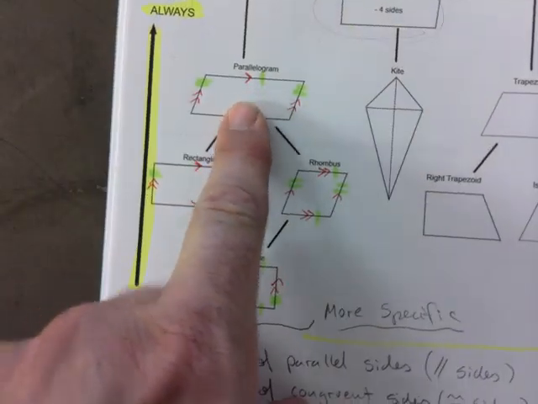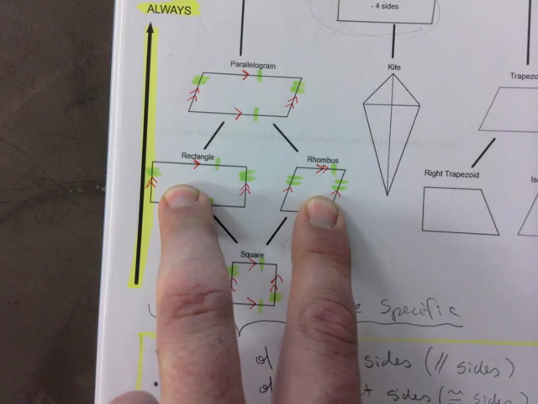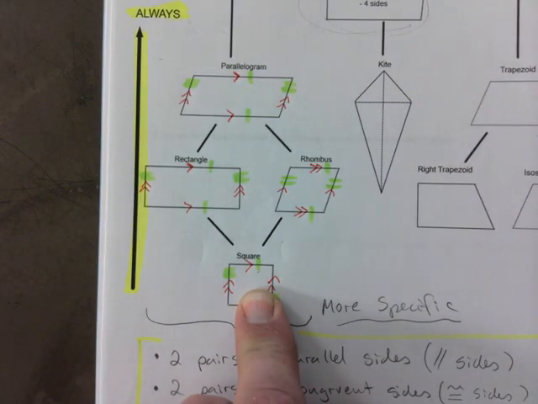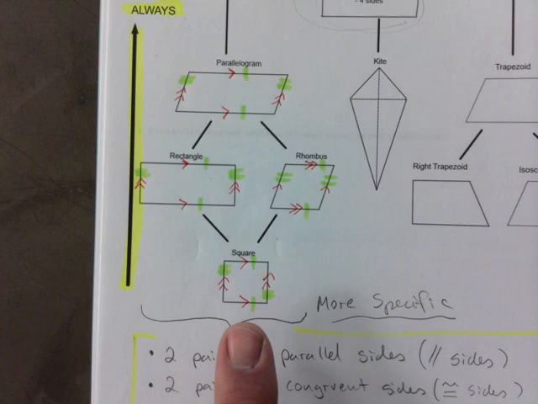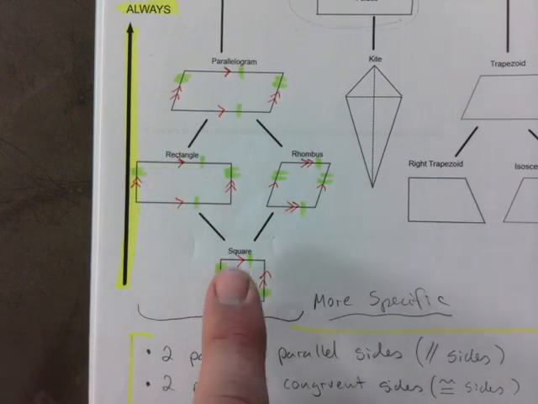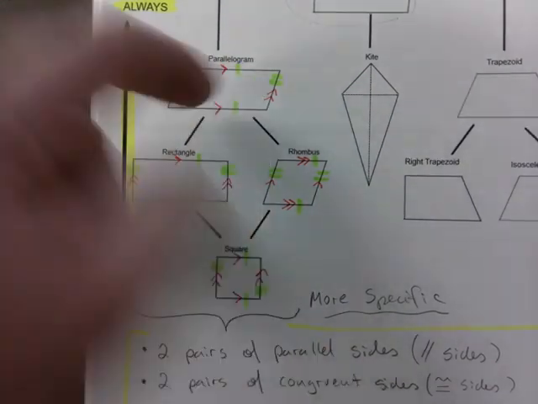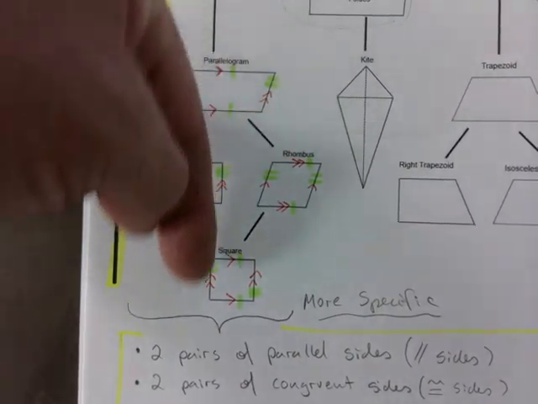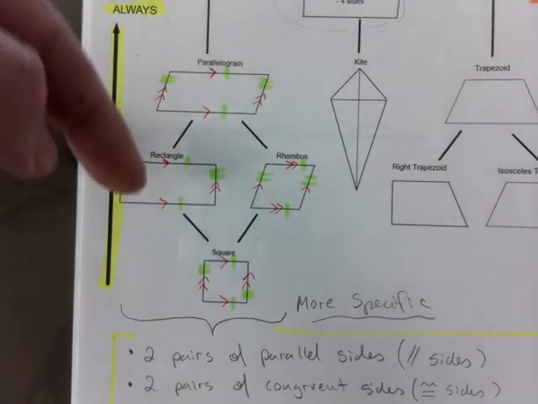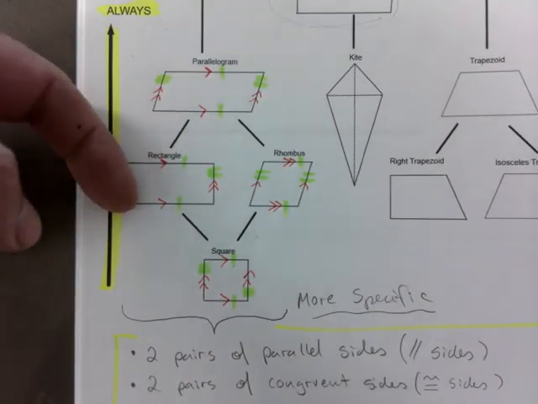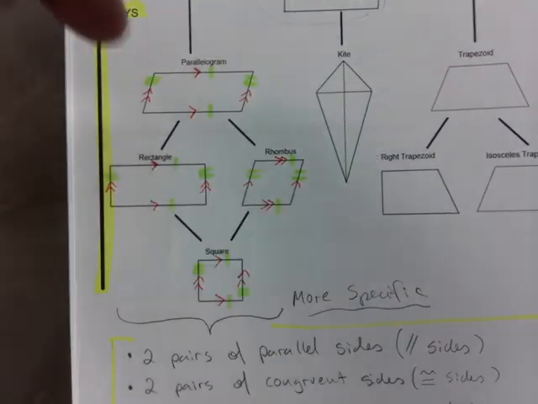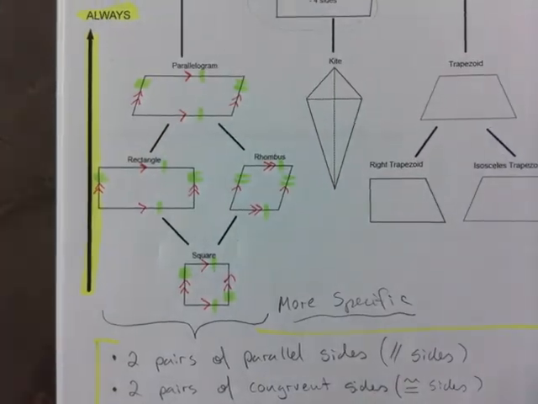This one right here. Out of the parallelogram came these two and also the square. Okay. So you can always say a square is a rectangle, a square is a rhombus. You can always say that, but you can never say that going this way is true. Like, is a parallelogram always a rectangle? That's not always true. You can always go this way, but you cannot go specific.